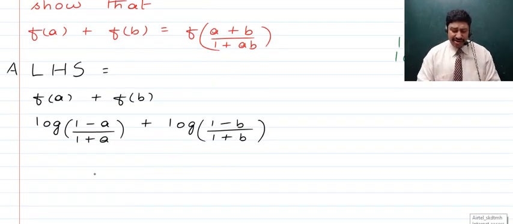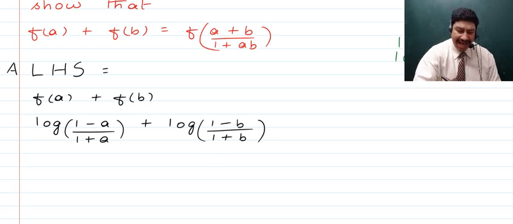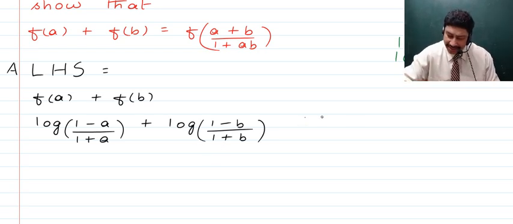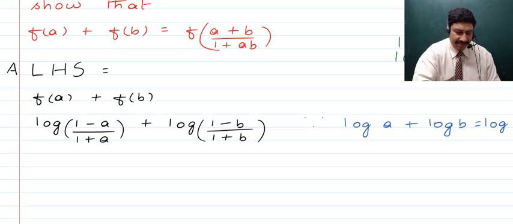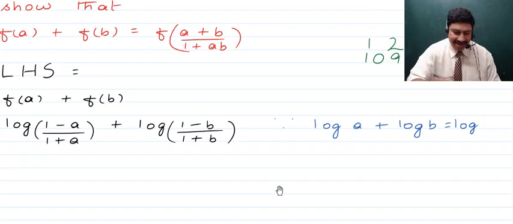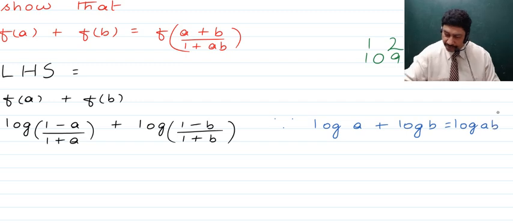Now children, here you get to see that there are two terms with log which are added. So you are quickly reminded that log of a plus log of b was equal to log of ab. So we can write this to be log of ab.